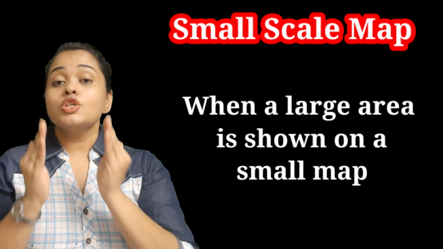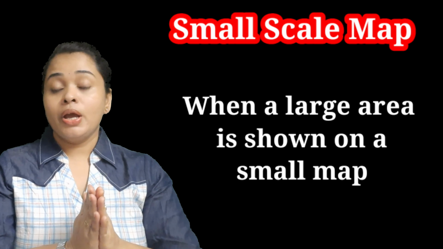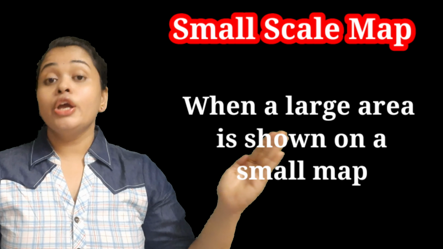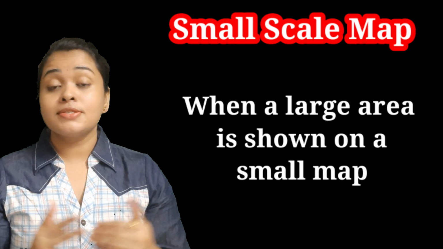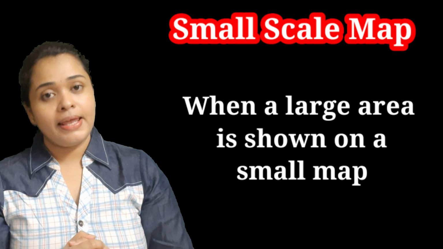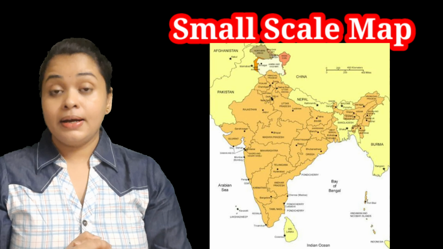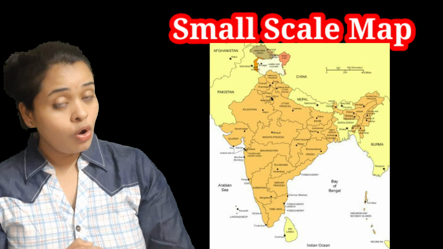Small scale map and large scale map. Small scale map. When a large area is shown on a small map, such a map is called small scale map, like a map of a country or a state.